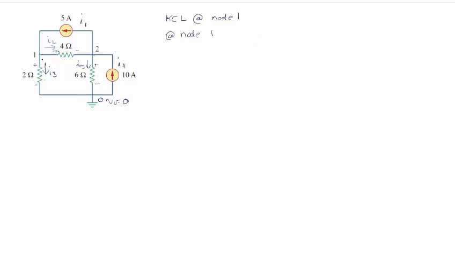I get out, out, in. I get I1 equals I2 plus I3, or 5 equals, what's I2? I2 is voltage at A, or voltage at 1, minus voltage at 2, because this voltage is higher than this one, and you need the difference, divided by 4 ohms, plus I3.